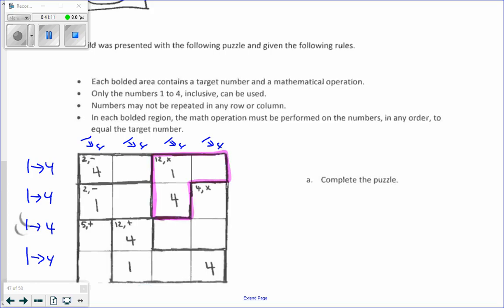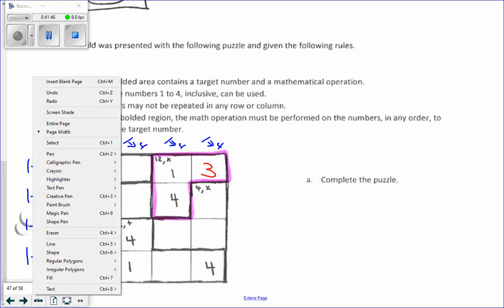So what this little area means, the 12 is your target number, and you have to get to that target number by multiplying all three numbers. So 4 times 1 times what would give 12? 3. Okay, 4 times 1 times 3 is 12.